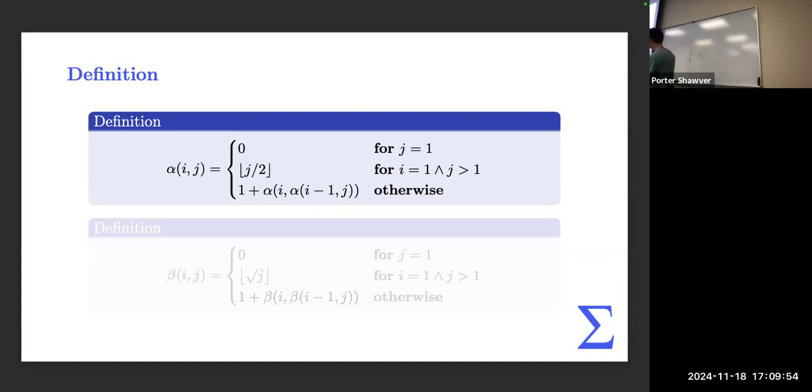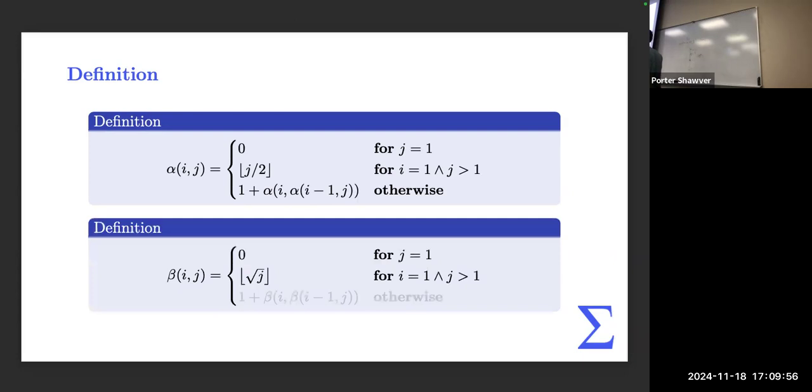We can also define a similar function with a different base case, where you have the root of j instead of j over 2. I'll solve the one for n. This is root n.